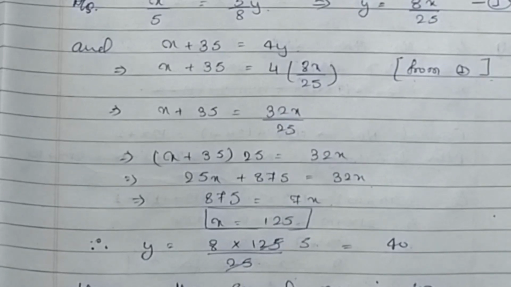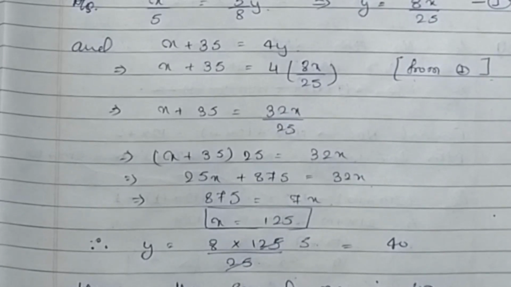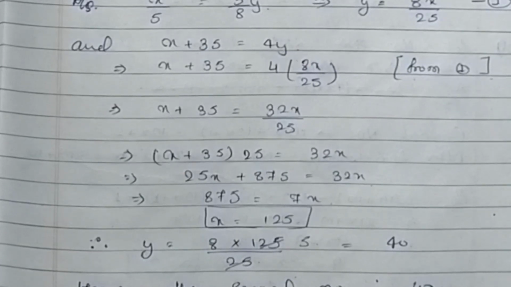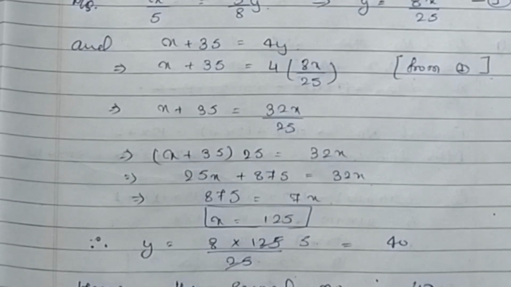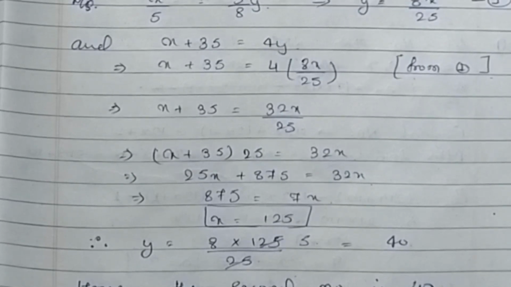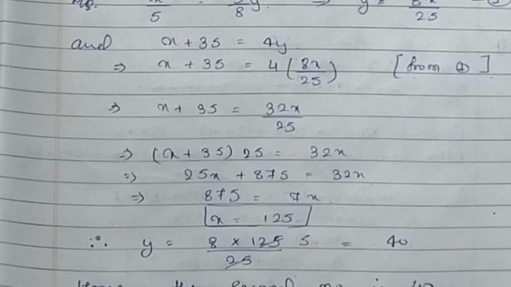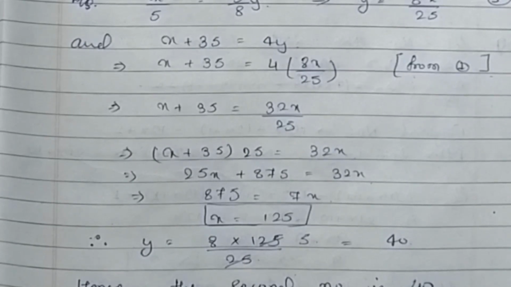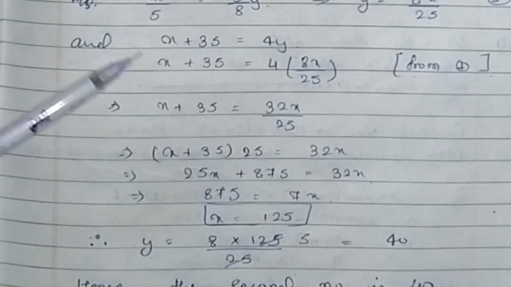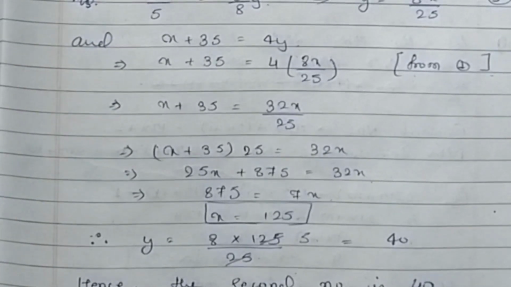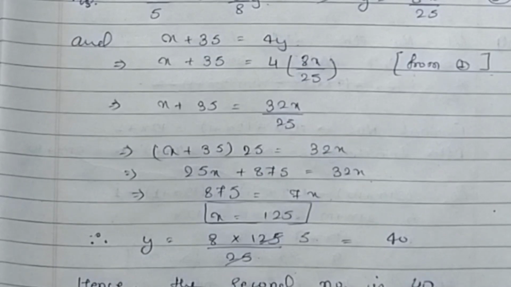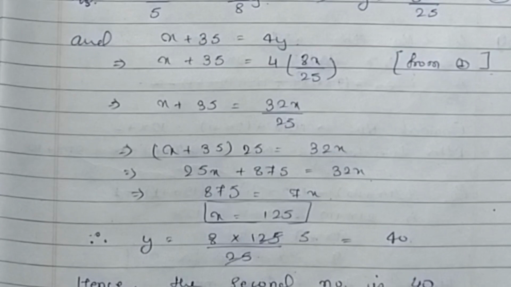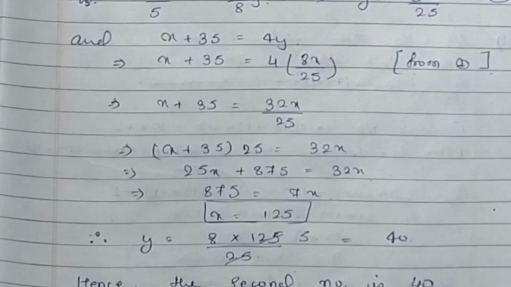I am solving here to make you understand the question, but in competitions or placement examinations you have to be quick. So instead of finding the value of y, you can find the value of x and put it in the given equation to find the direct answer. But let's move further in the way I have solved this.